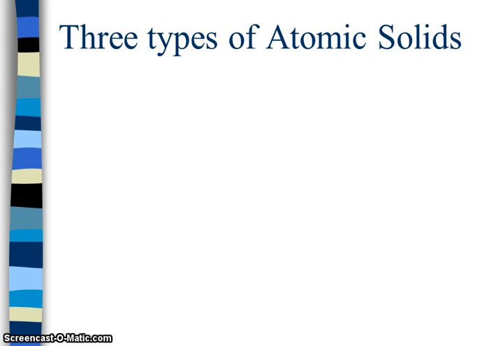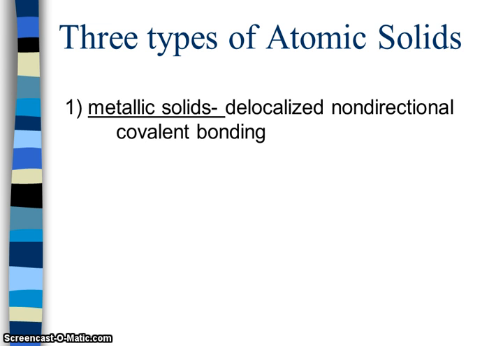So now we want to look specifically at atomic solids, and there are three types of atomic solids. We have metallic solids, which means that the atoms at our lattice points are metals, and they're characterized by delocalized, non-directional, covalent bonding between those metallic atoms.